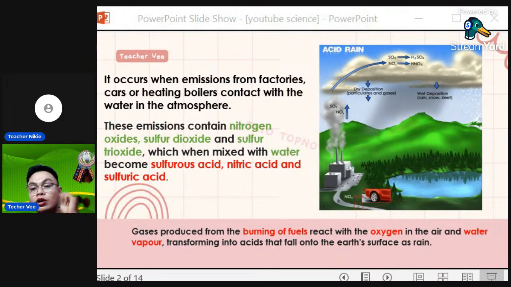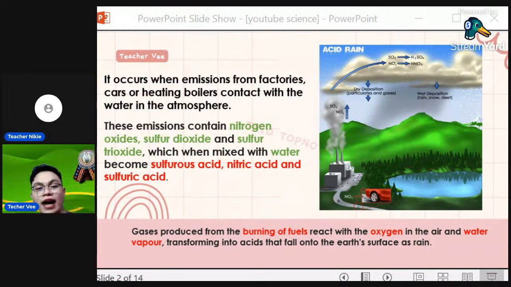Ito po yung sulfur dioxide. Okay, take note. Sulfur dioxide tsaka nitrogen oxides. Yun po yung primary causes of acid rain. All right? Very good. Again, sulfur dioxide and your nitrogen oxides are the primary causes of your acid rain.